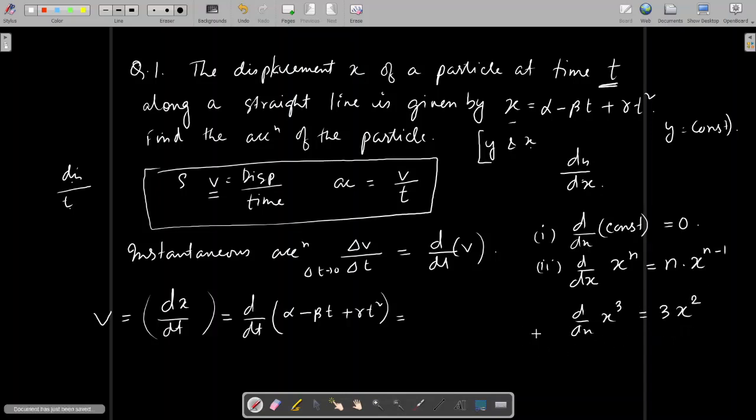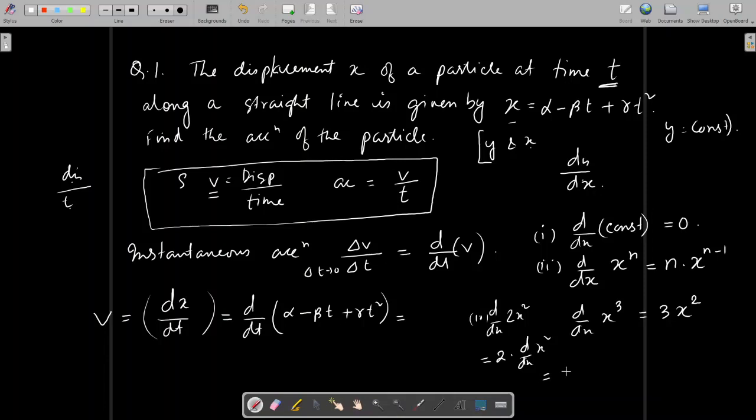Now what if there is something like this, d/dx of 2x square? These are the rules actually. Here it will simply follow 2 into d/dx of x square. This constant will come ahead.